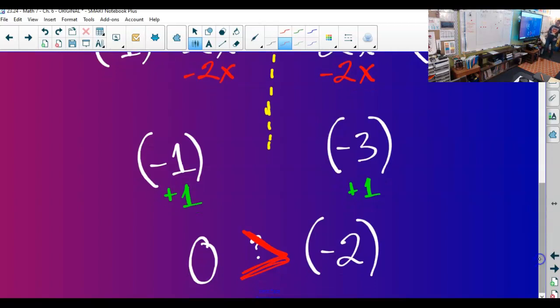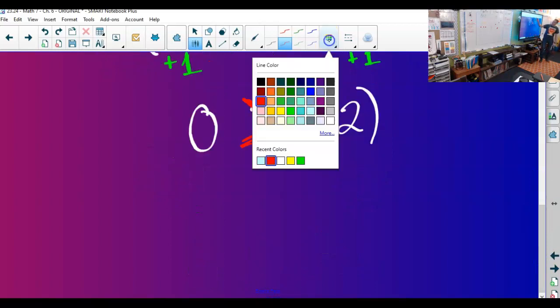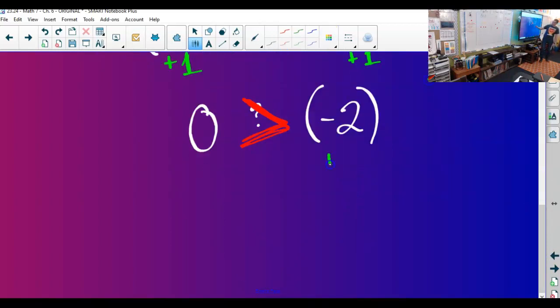So if at this point, what if we add 2 to get rid of these -2? We also have to add 2, and that will give us 2 compared to 0. It's the same thing. You just did more. You can do anything, and there will still be a difference of 2.